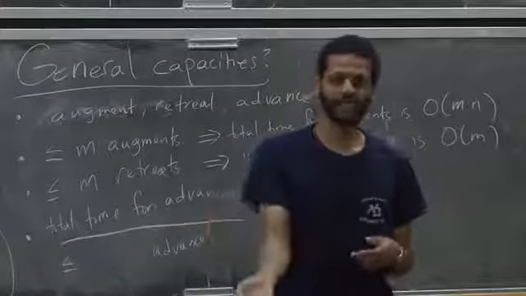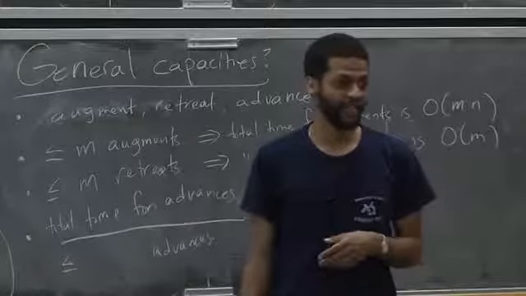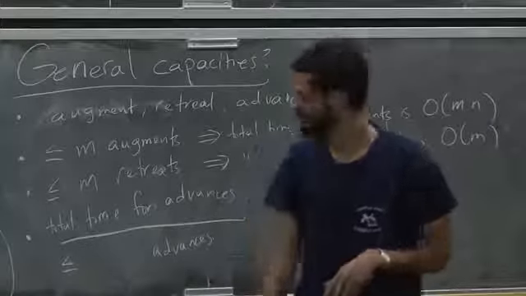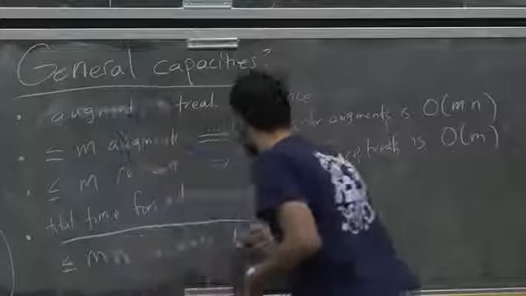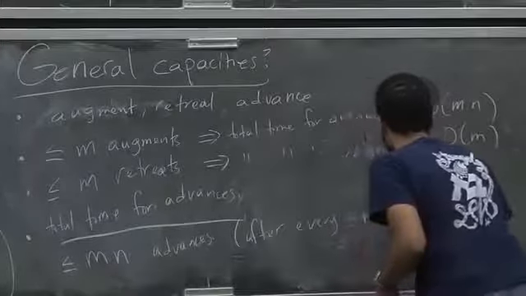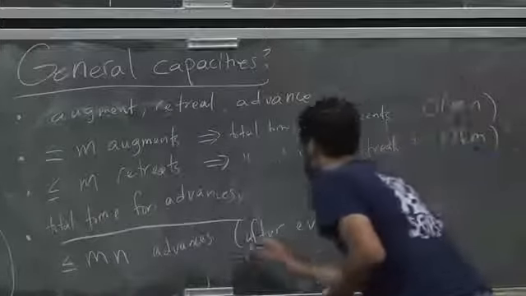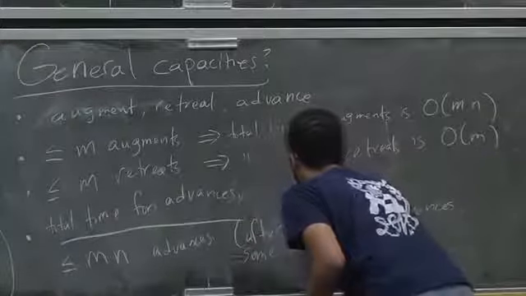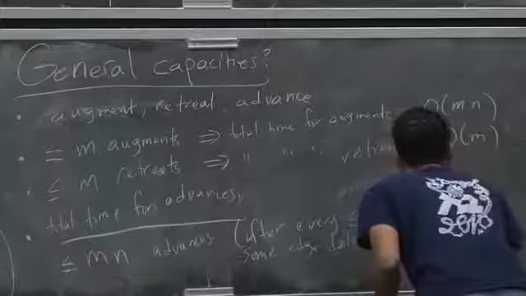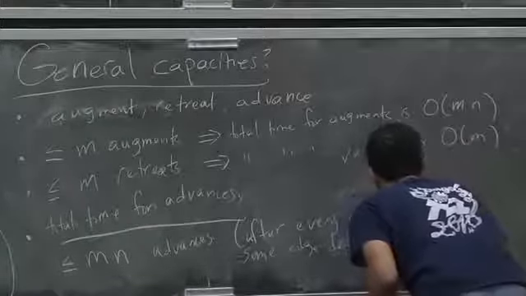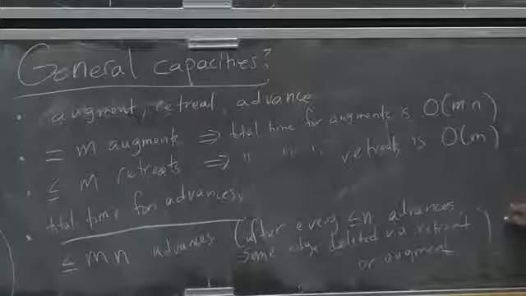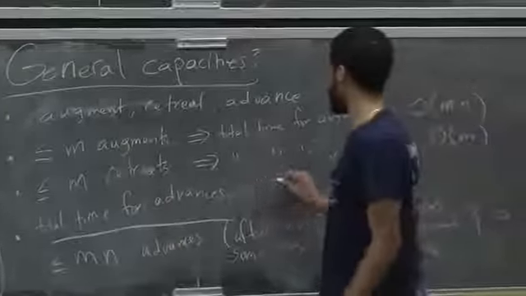So after every at most n advances, some edge is deleted via retreat or augment, which means there are at most m times n advances. So this is going to be O of mn.